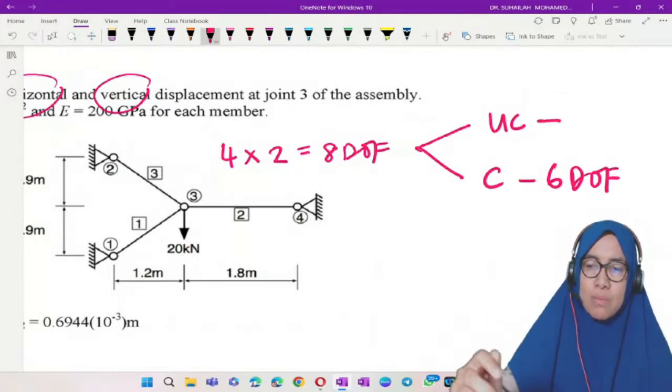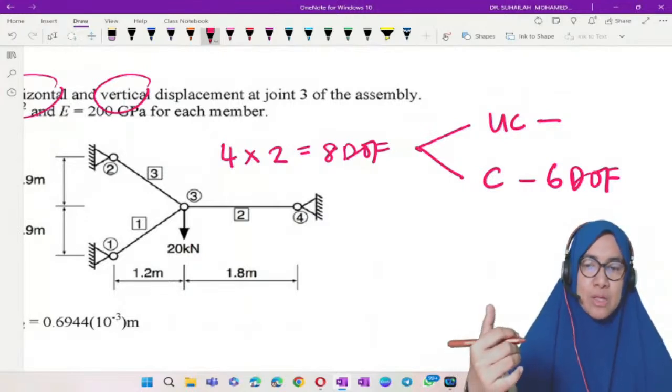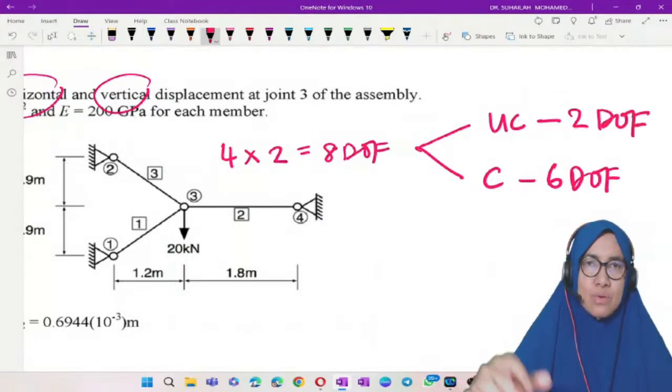So from this we know that we have the remaining 2 degrees of freedom under the unconstrained system.